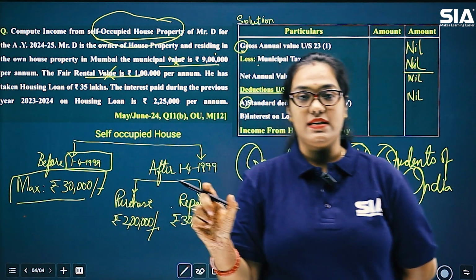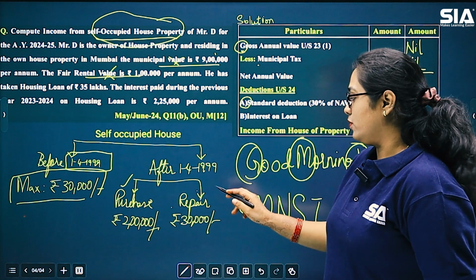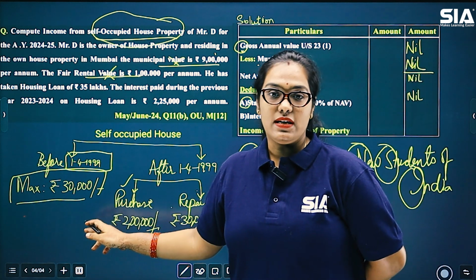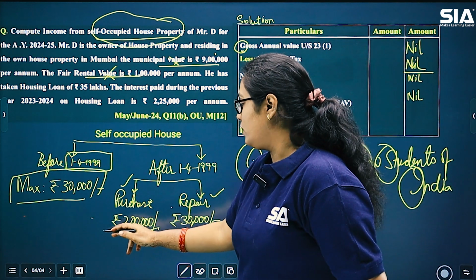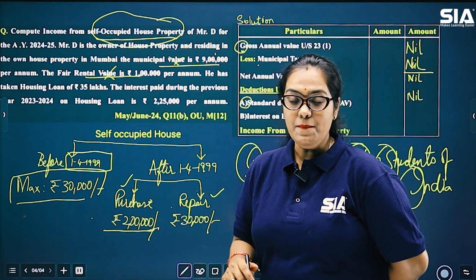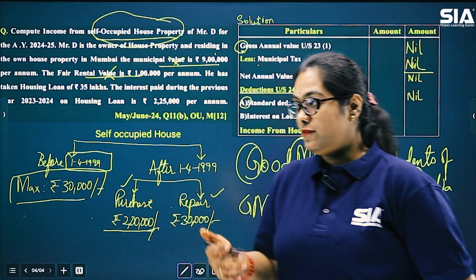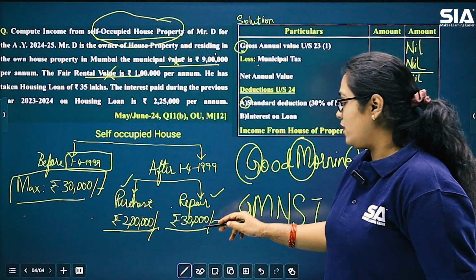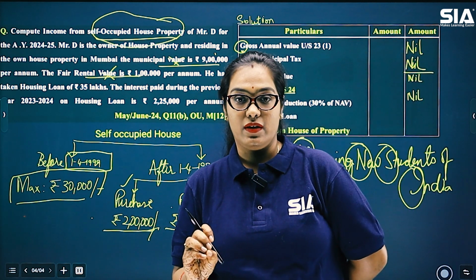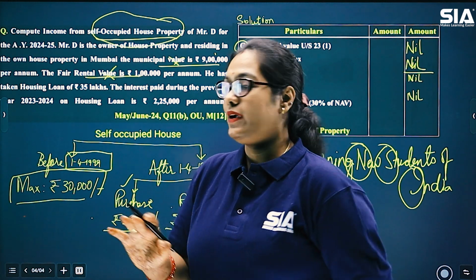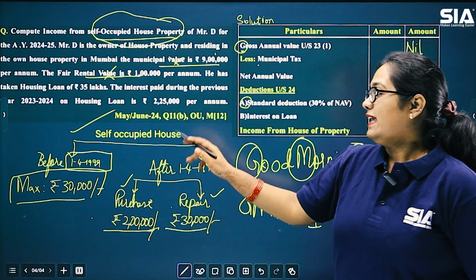If it is for purchase and construction, then the maximum deduction allowed is rupees 2 lakh. If it is for repair, renovation, any of these, then the maximum deduction that is allowed is rupees 30,000.